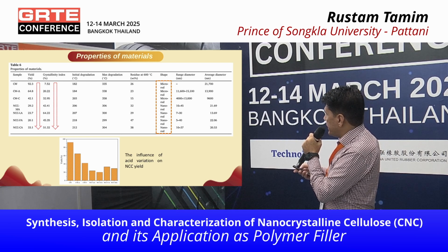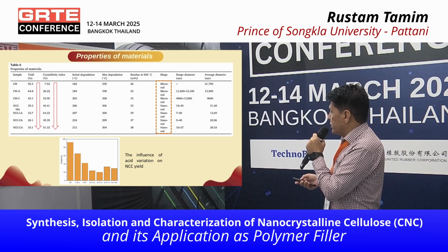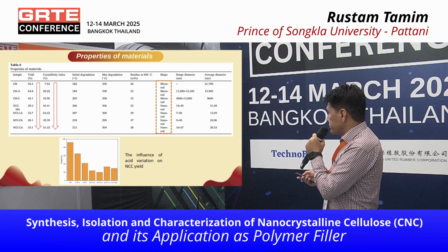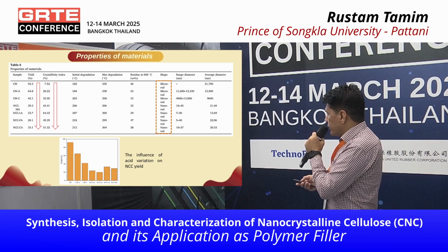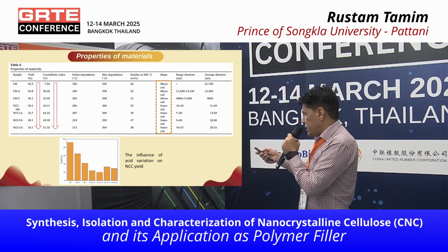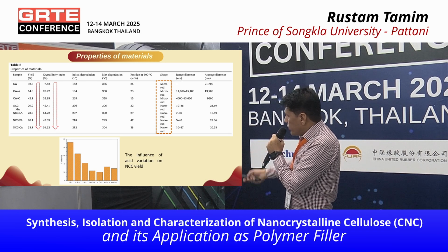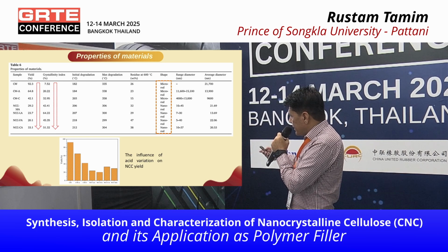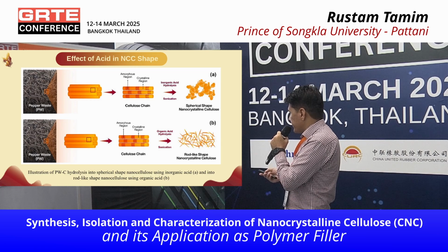Here we only get the rod shape because we use only organic acid. The influence of the acid variation is that the starting material has more yield, and when you use the acid, the yield decreases.